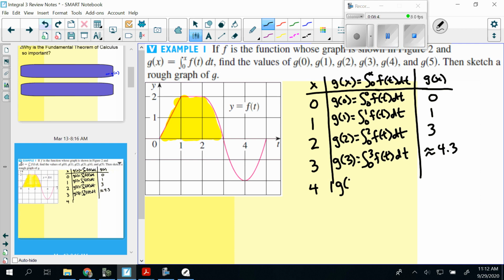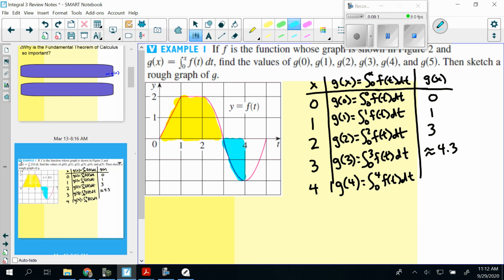So g at 4. Now it's 0 to 4 of f of t dt. So now we're adding some additional area here. Remember, it's the area between the x-axis and our graph there. I did that one in a different color because remember that's underneath the x-axis. So the height there is going to be negative, giving us a negative area.